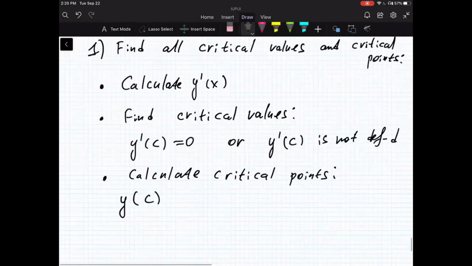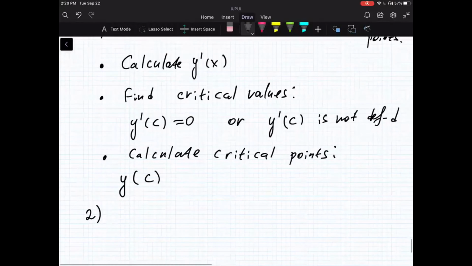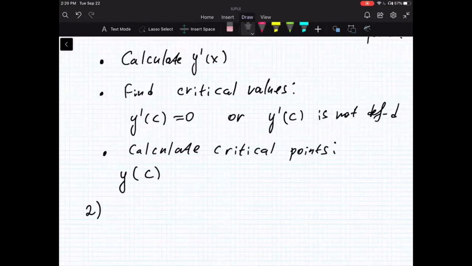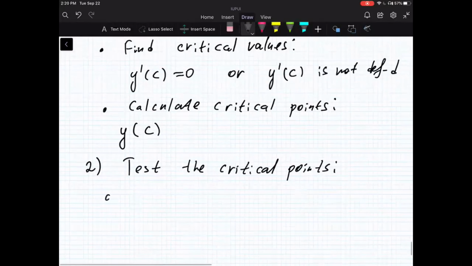And this is the first step. The second step is to test the critical points. So what does it mean? So in some sense, find local minimum, maximum.